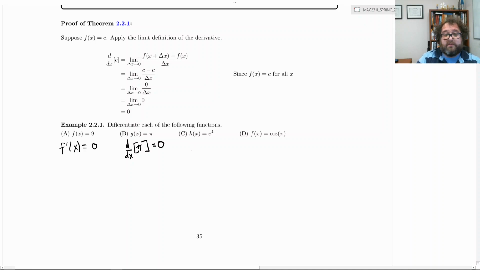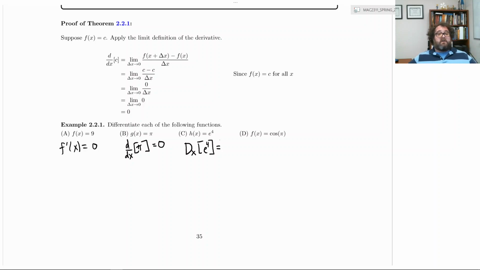Oh, e to the fourth. Here, let's use the other derivative notation, capital D with the subscript x. That means take the derivative of whatever's inside the brackets. The derivative of e to the fourth. Now, e, that's the base of the natural logarithm.